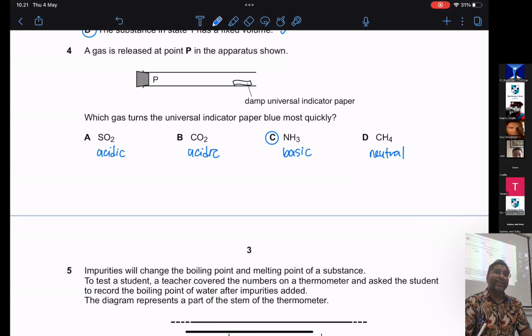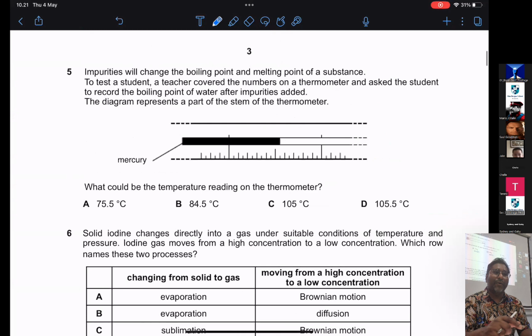So pungent can also be used for SO2. SO2 is also described as a pungent gas, although the smell is different. It is a very sharp smell that makes you not want to go close to it. So we don't say, oh, this gas is pungent, therefore this is ammonia.